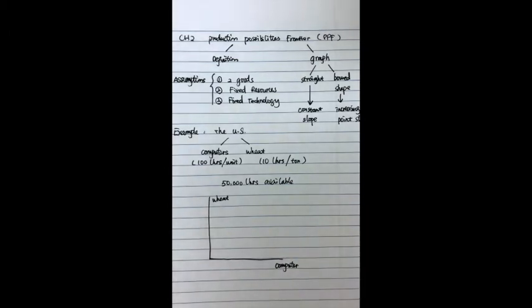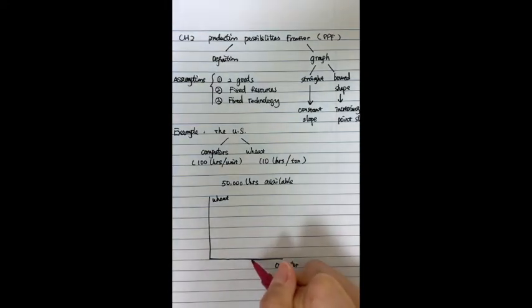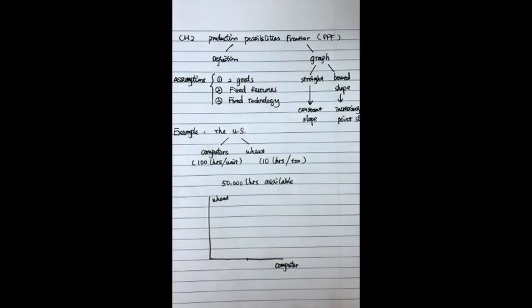To draw a PPF, as far as we know, now the production of these 2 goods will have a constant rate. Therefore, we just need to figure out 2 points on this graph, and then we can get a PPF. So the first point I would like to get would be the maximum computers that US can produce.